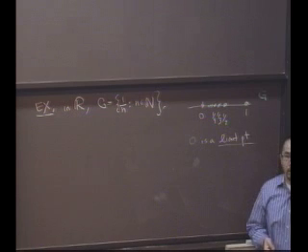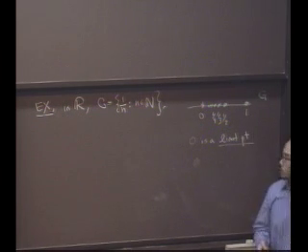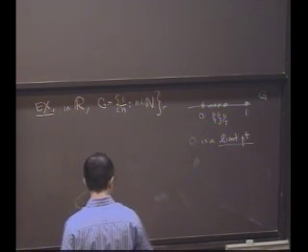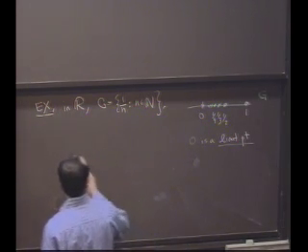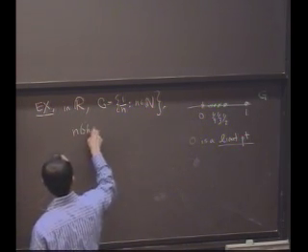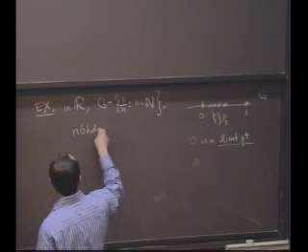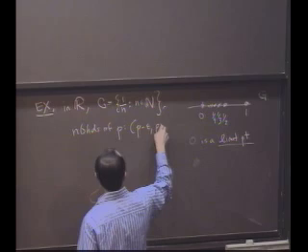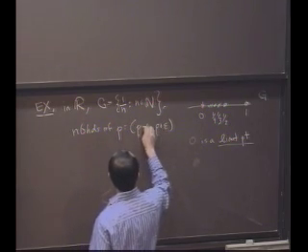Is that true? What's a ball look like in R? Good. A neighborhood, so let's just mention that. Notice that neighborhoods of P look like P minus epsilon, P plus epsilon for some epsilon.